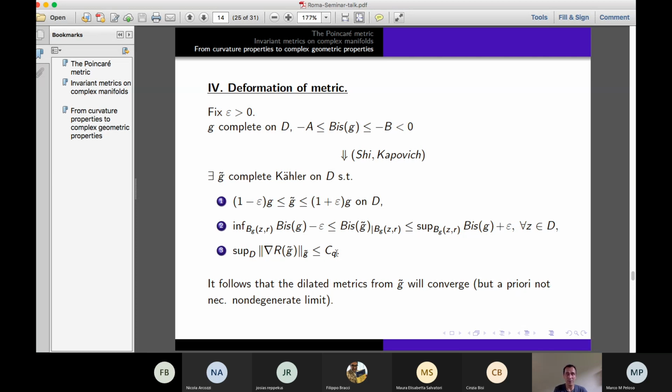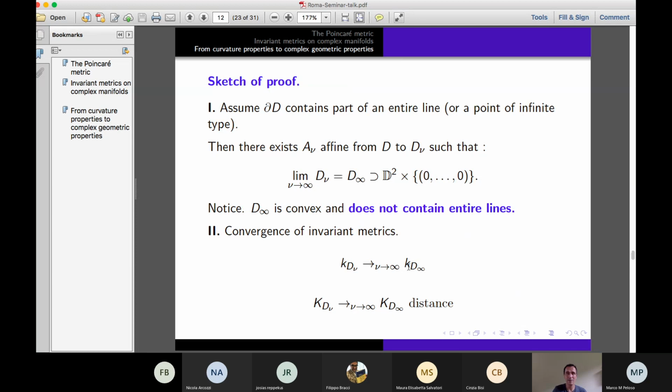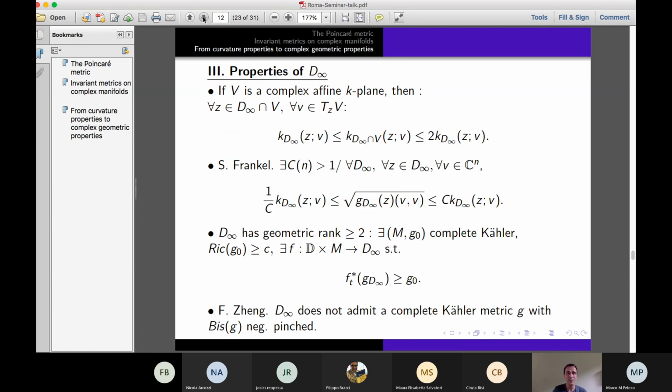meaning by point 3 that your sequence of dilated metrics will converge to some metric. But it will be only a pseudometric. But by the assumption, you can compare your metric G with the Kobayashi metric. We know that the Kobayashi metrics converge to a Kobayashi metric that is non-degenerate on the limit domain.